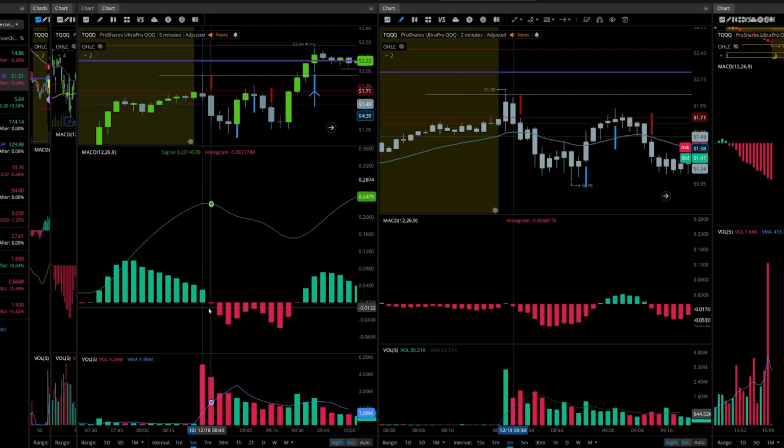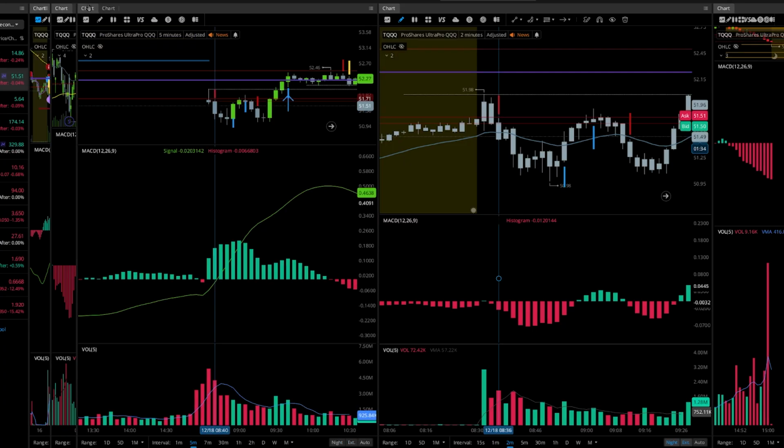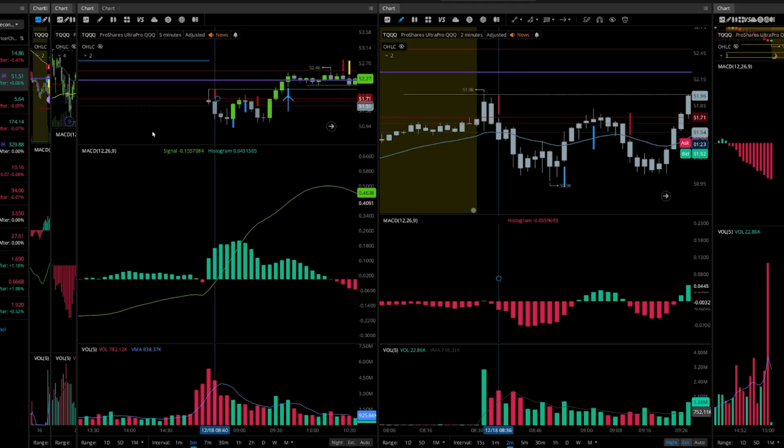Downward pressure, followed by this next 5-minute candle that starts red. But look at this 5-minute. If they're both displaying 5-minute MACD data, how can they be opposite like this? This is what you should be asking yourself.